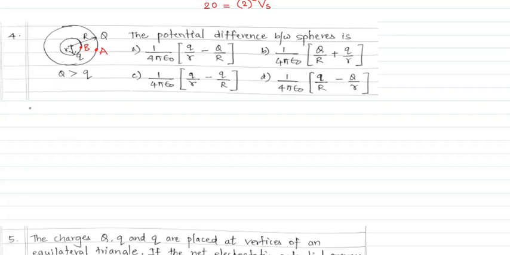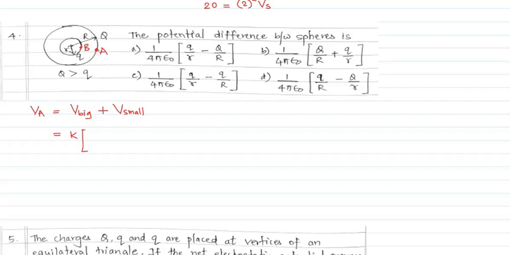So if I take the potential at point A, the potential at point A will be due to both spheres, potential due to the bigger sphere plus potential due to the smaller sphere. If I write the formula 1 by 4 pi epsilon naught, I will take it as K, which is common among both.